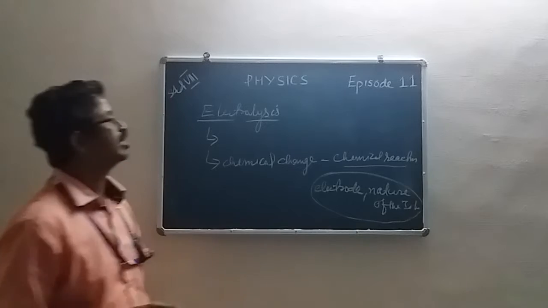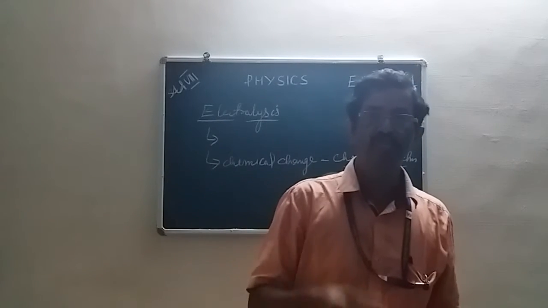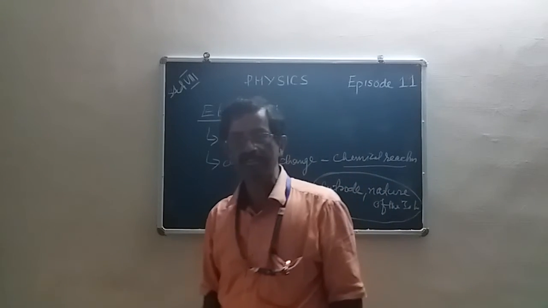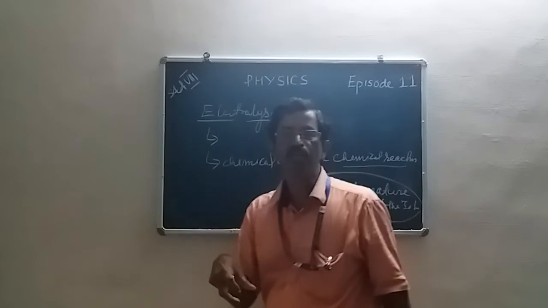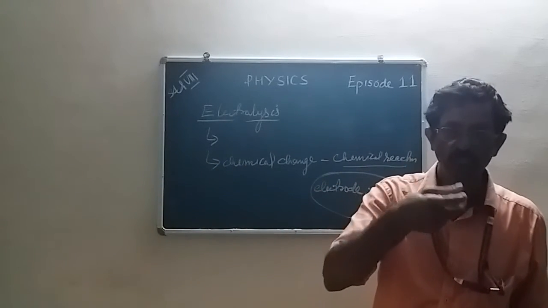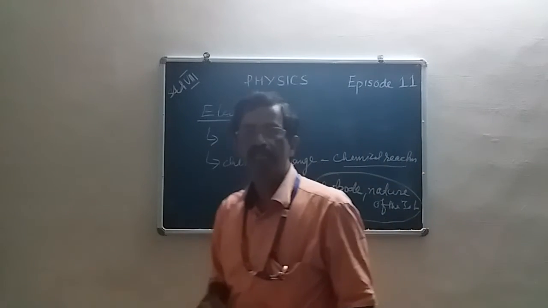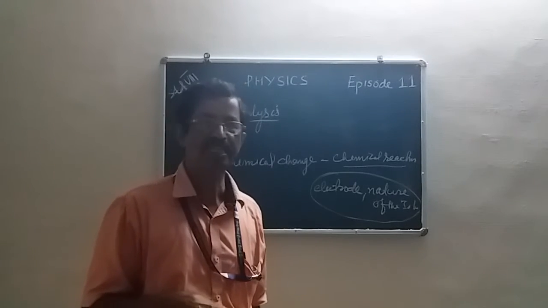Now, due to chemical reaction, what things can happen in the solution? Gases can be formed. Second, some metals can be deposited. And third, the concentration of the solution can be changed. Three points you want to remember. At the electrodes certain gases form in some cases.